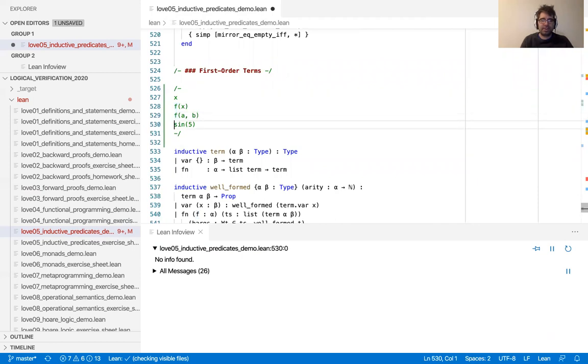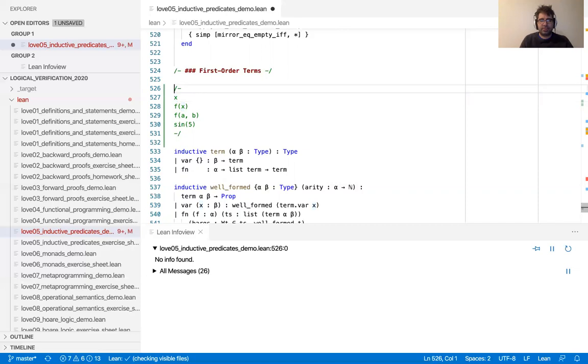And here you see we have a type where a term is either a variable, like x here, or it's a function symbol, which is applied to a list of arguments. So for example, here it's a list of length 2. And we have alpha and beta. Beta is the alphabet used for variables, and alpha is the alphabet used for function symbols. So you could use strings for both, but you could also say, I want my variables to be integers or de Bruijn indices, and I want my functions to be strings, right?